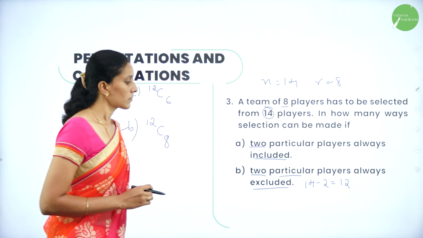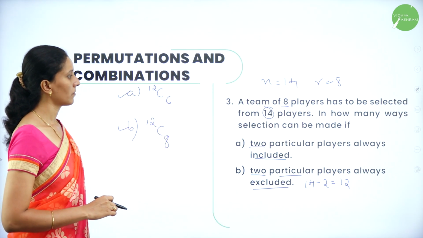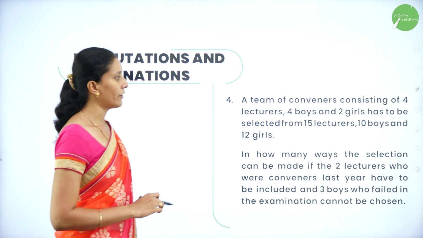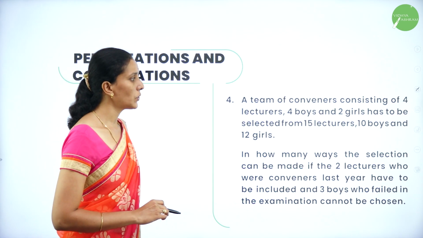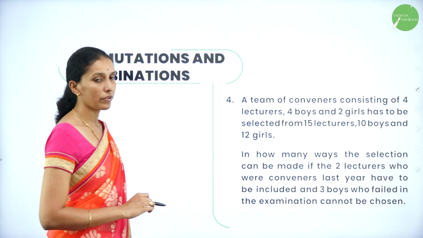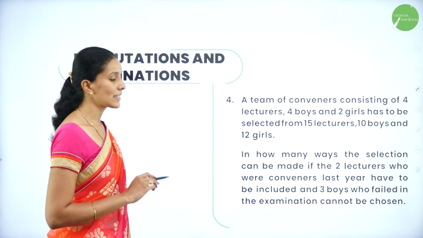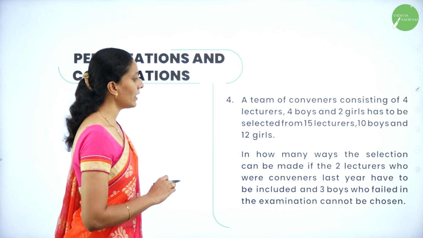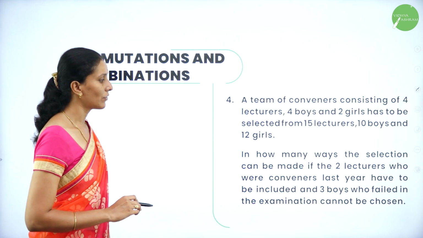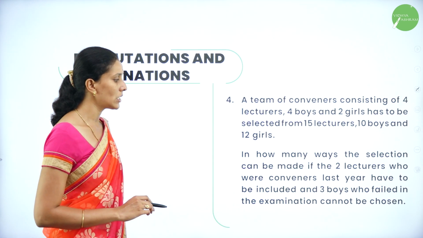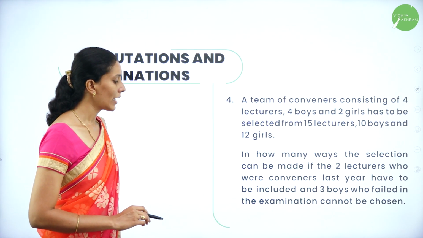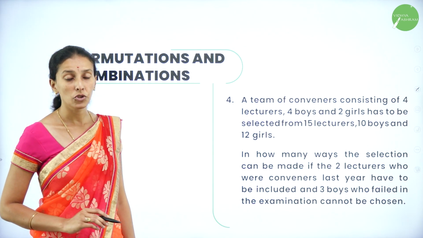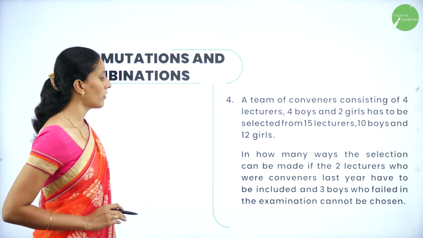Next question. A team of conveners consisting of 4 lecturers, 4 boys and 2 girls has to be selected from 15 lecturers, 10 boys and 12 girls. In how many ways can the selection be made if the 2 lecturers who were conveners last year have to be included and 3 boys who failed in the examination cannot be chosen? I'll just brief this question.